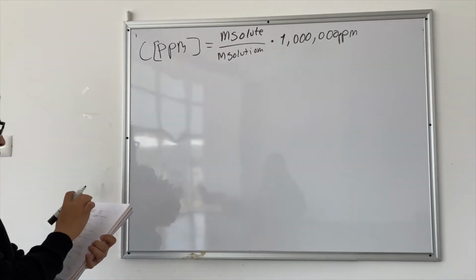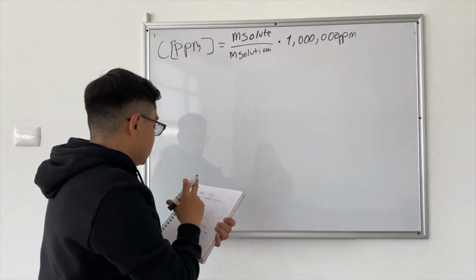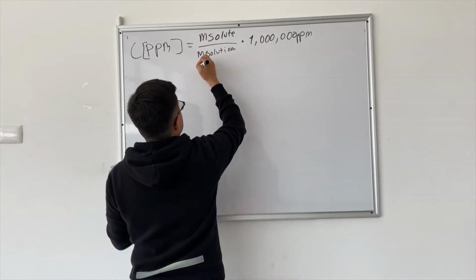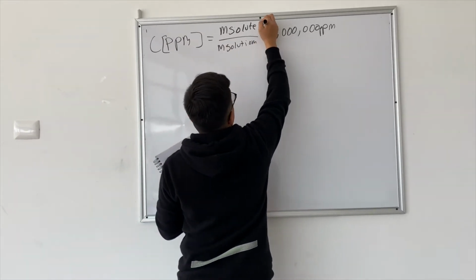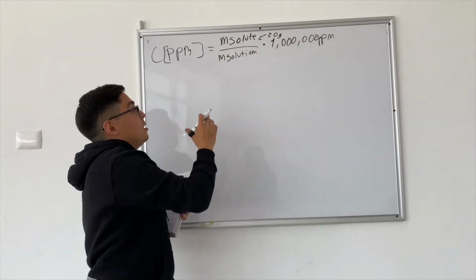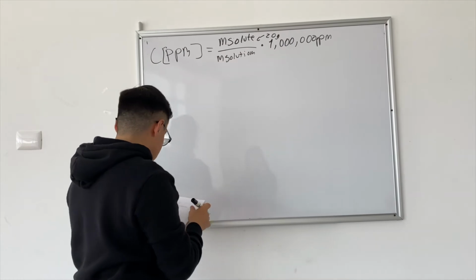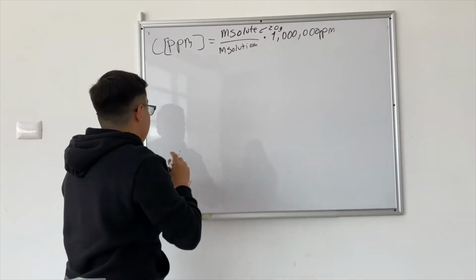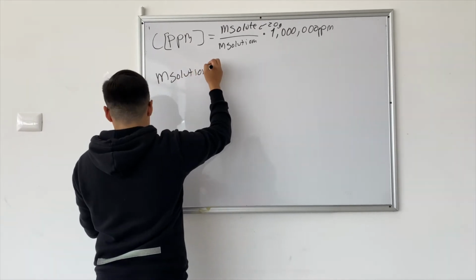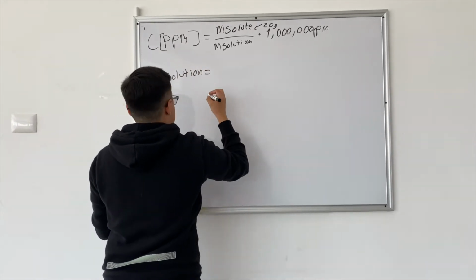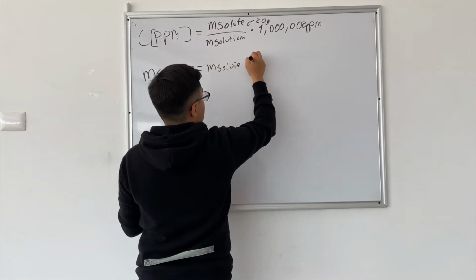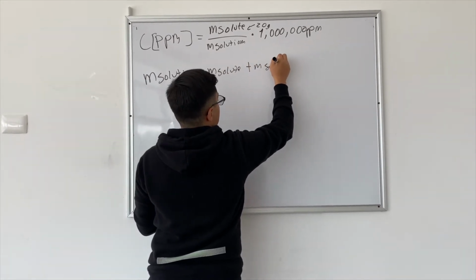So we know, according to our data, that mass of the solute equals 20 grams. So we can put here 20 grams. But now we need to find what is the mass of the solution. So we're gonna use the next formula. Mass of the solution equals mass of the solute plus mass of the solvent.